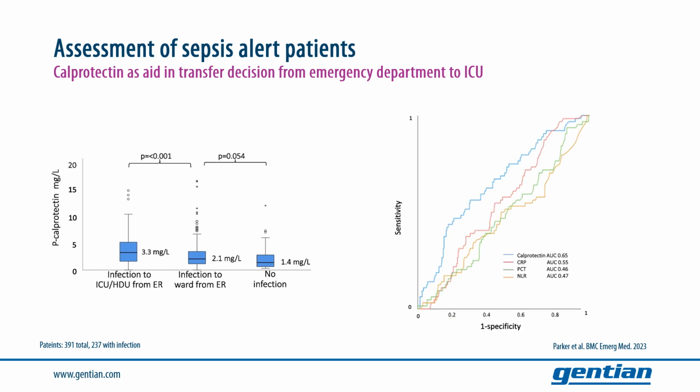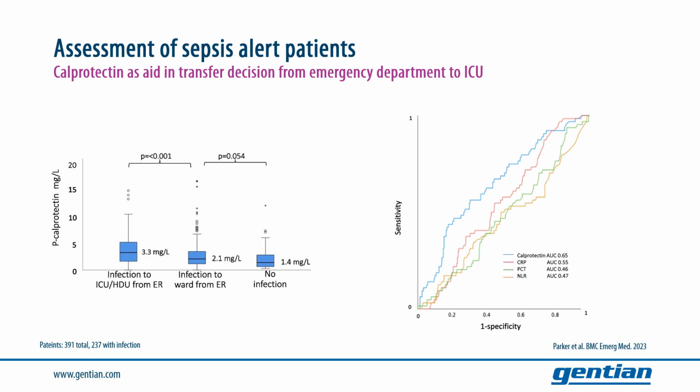If we look at the ROC analysis for transfer to the ICU, it showed high area under the curve for calprotectin, significantly higher than PCT and NLR, while notably the delta SOFA score did not differ between patients transferred to ICU or wards.